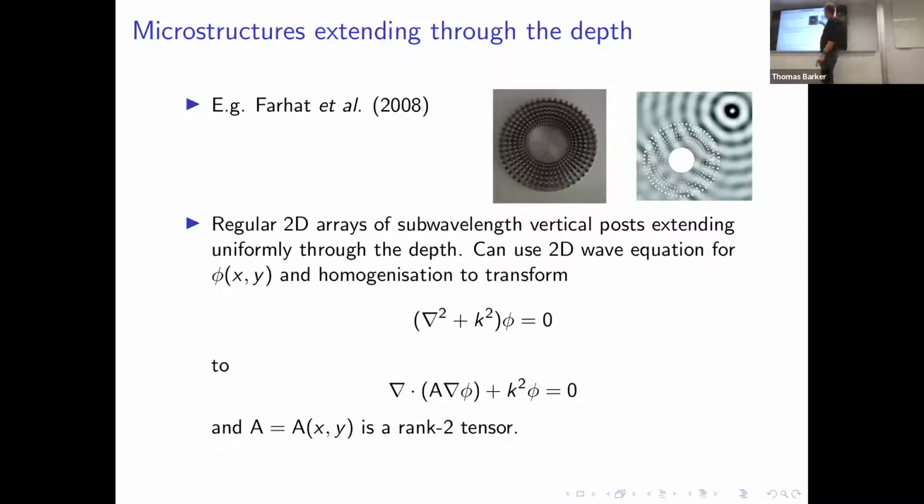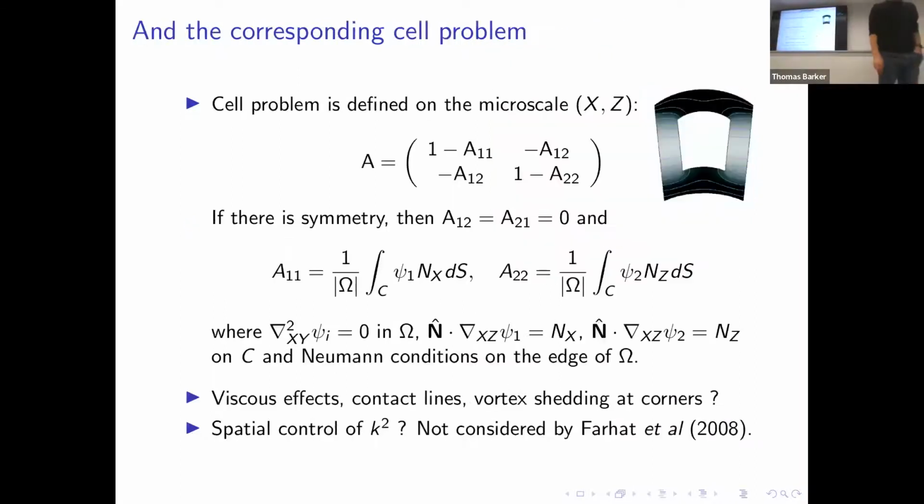And then using the contrast in scales between the length scale of the incident wave and the length scale of the posts, and then using a homogenization method, you can actually transform this equation into this equation. So you can introduce a tensor, and that tensor turns out to be symmetric as you want. If you use a symmetric post, you can turn off the off-diagonal terms here.